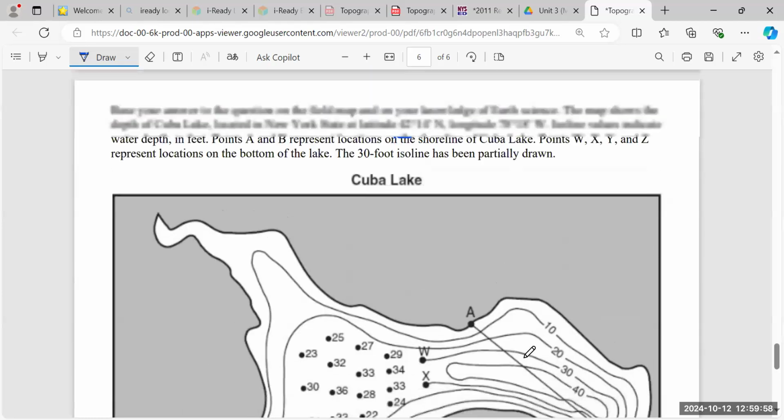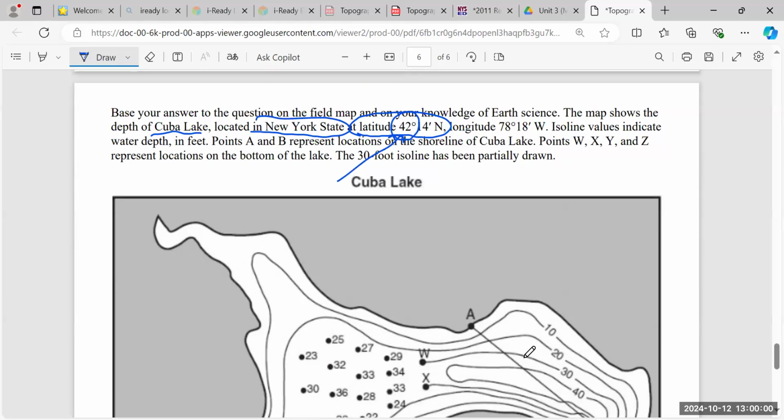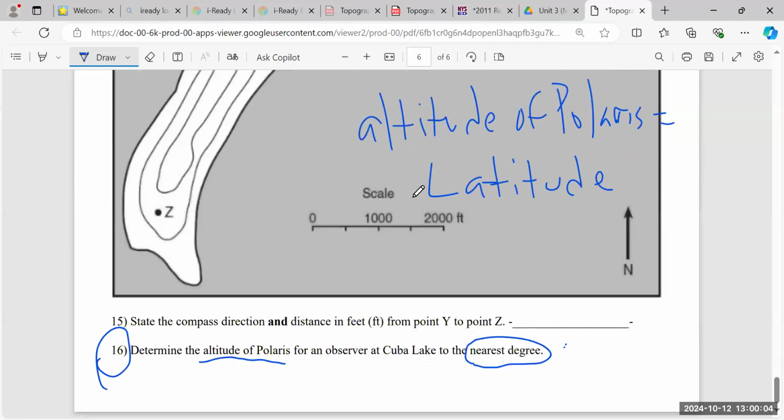So what is the altitude of Polaris? The altitude of Polaris is equal to my latitude, which is 42 degrees. So my answer is just 42 degrees, not 42 degrees north. The altitude of Polaris is equal to the latitude. You're just not including degrees north, right?